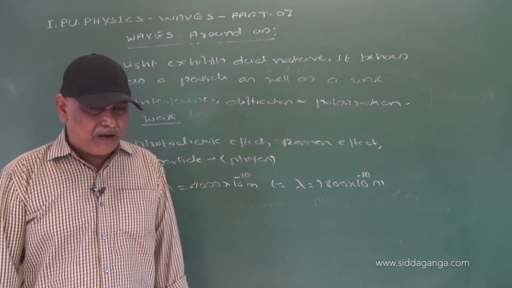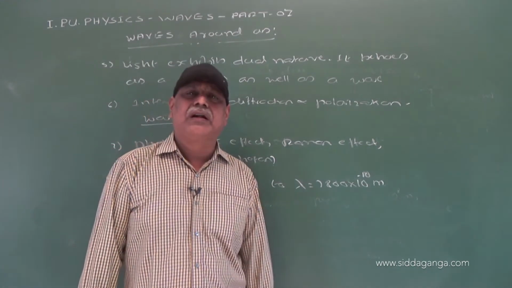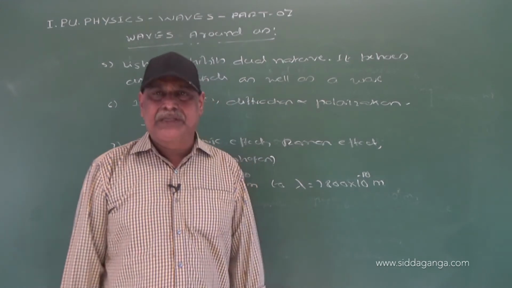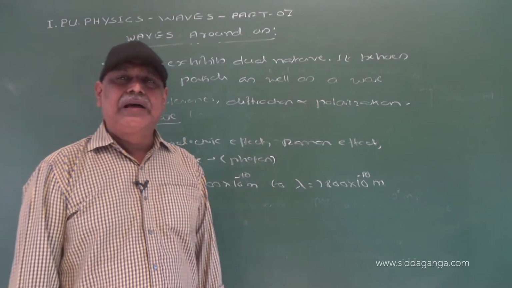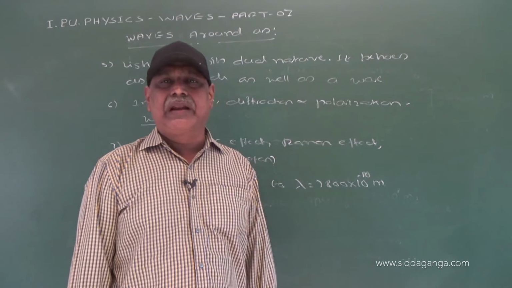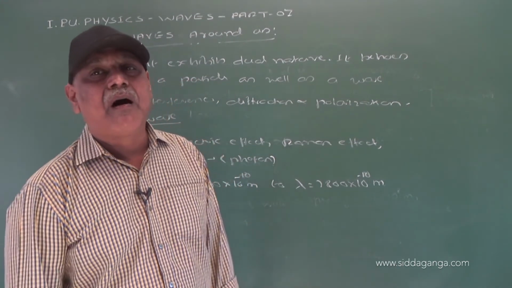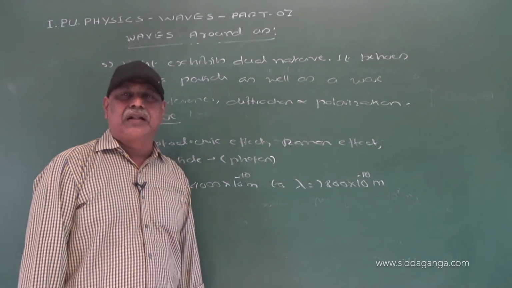Now again, all electromagnetic waves, starting from gamma rays, then X-rays, ultraviolet rays, light waves, infrared radiation, microwaves, radio waves, are electromagnetic transverse waves.